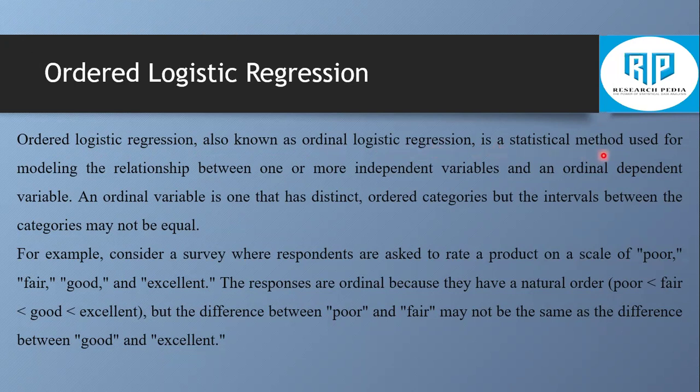It is a statistical method used for modeling the relationship between one or more independent variables and an ordinal dependent variable. So when your dependent variable is ordinal, it means it shows some order from highest to lowest or from lowest to highest, or some rank, then we use the ordered logistic regression.